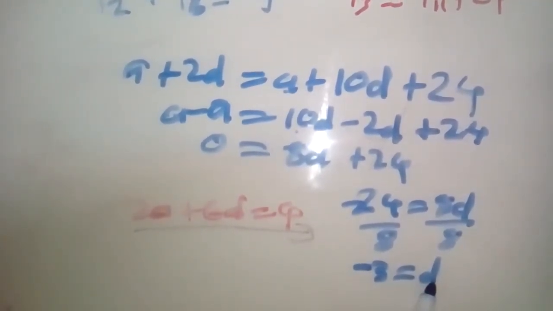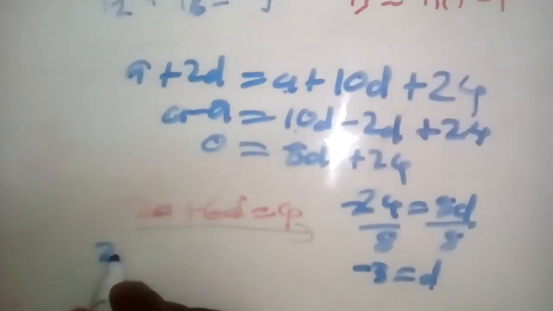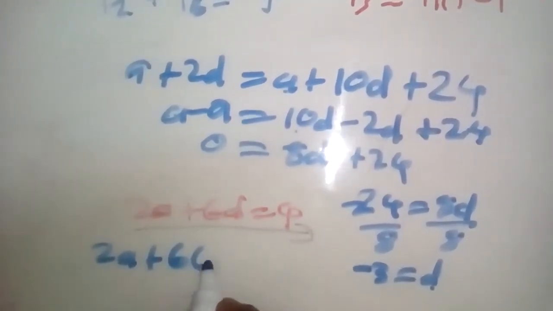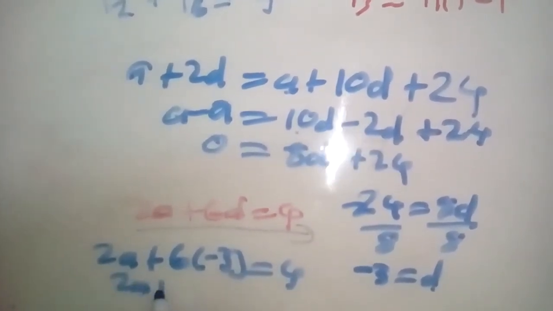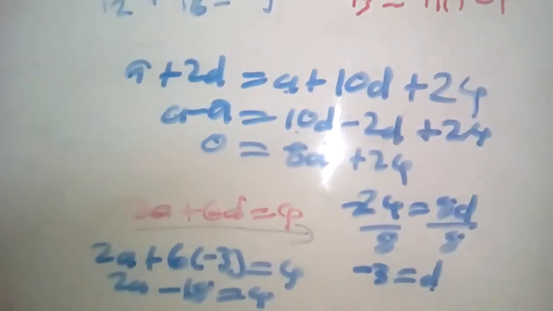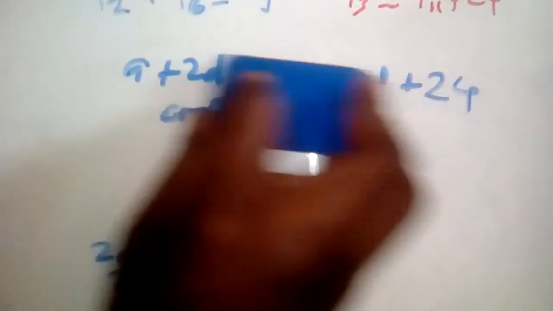Since I got my d, let me get my a. How will I get my a? By substituting into another equation, this equation. Remember, 2a plus 6d, and my d is negative 3, equals 4. So 2a plus 6 times minus 3, which is minus 18, equals 4.